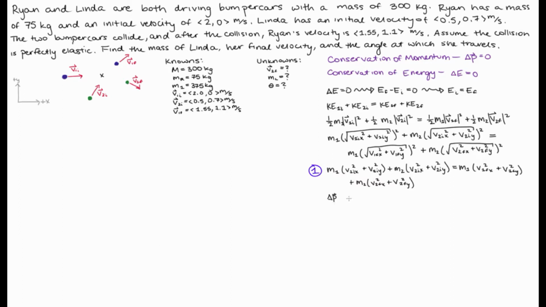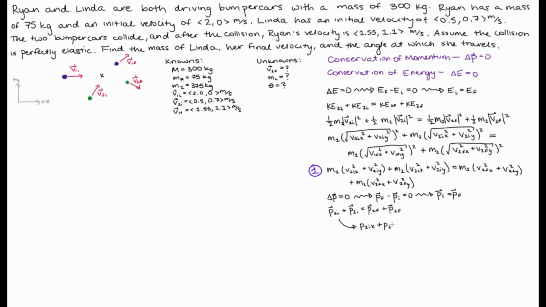Now we will look at conservation of momentum. Conservation of momentum tells us that since there are no external forces acting on our system, the change in momentum of our system is zero, which in turn tells us that P initial must equal P final. We can split this equation to deal with the components rather than the vectors.